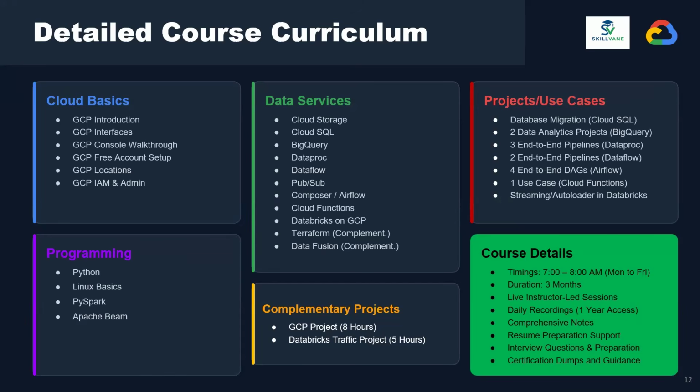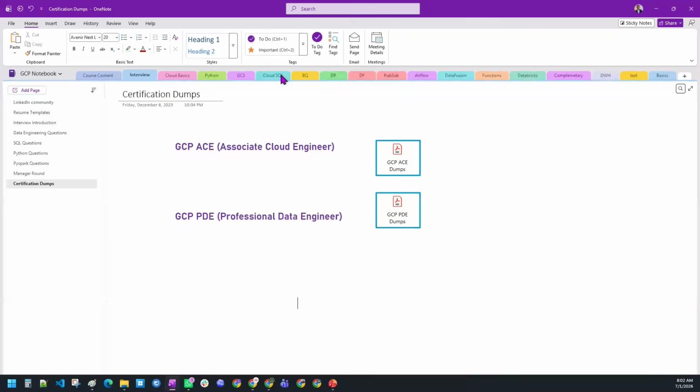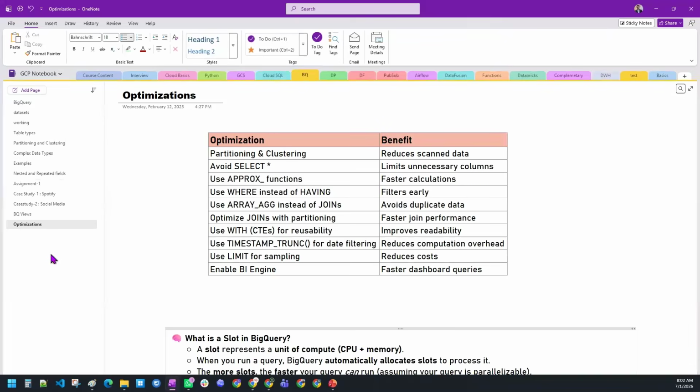Inside BigQuery, when you look at the Spotify case study, you will understand that. There is no separate topic as data modeling. When you are working in the project, you will get to know how you have to set up your fact tables and dimension tables.